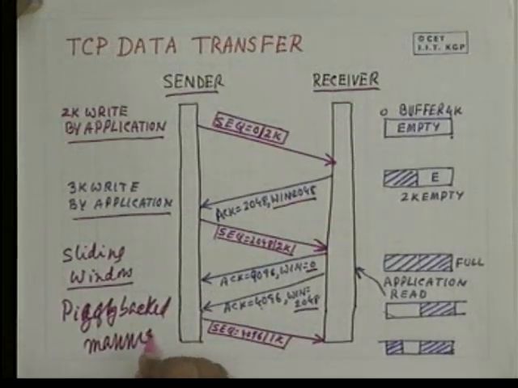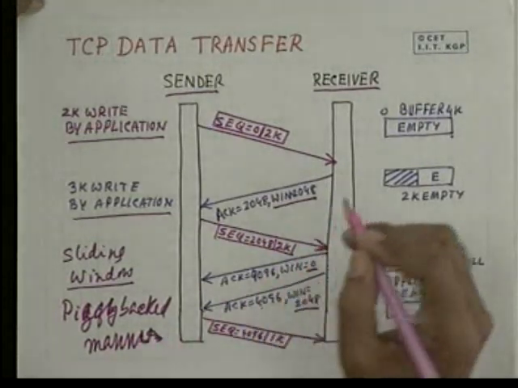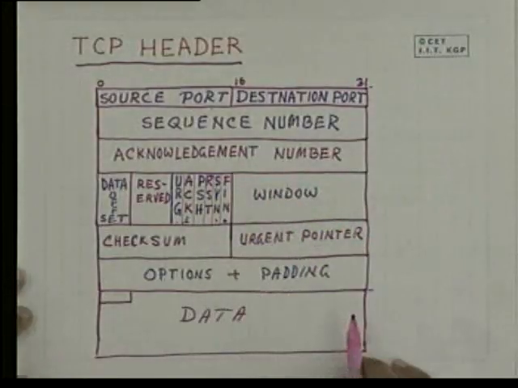While discussing the sliding window protocol, I have told that the acknowledgement can be sent by sending a separate frame or segment from the other side, or it can be sent along with the data that is being sent by the receiver side, because it is a full duplex communication. Since the receiver is also sending data, along with that data the acknowledgement can be sent, and that is what is being done with the help of this window.